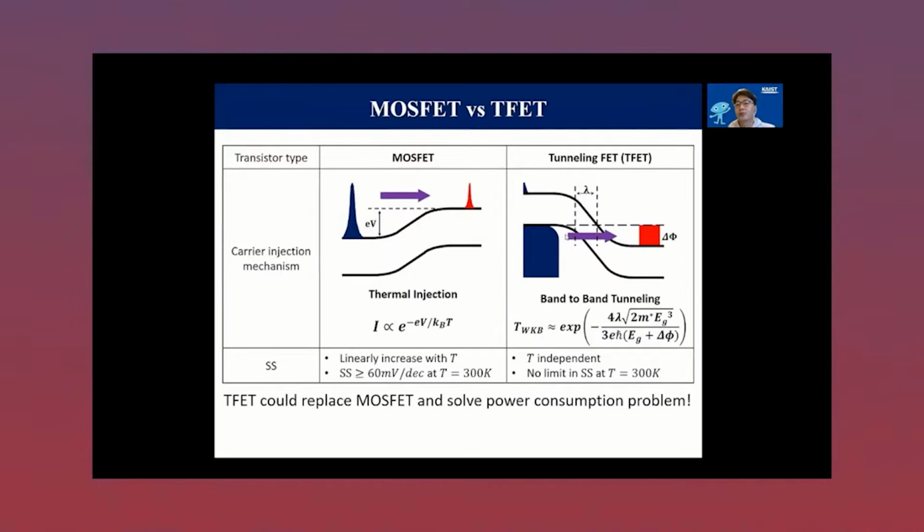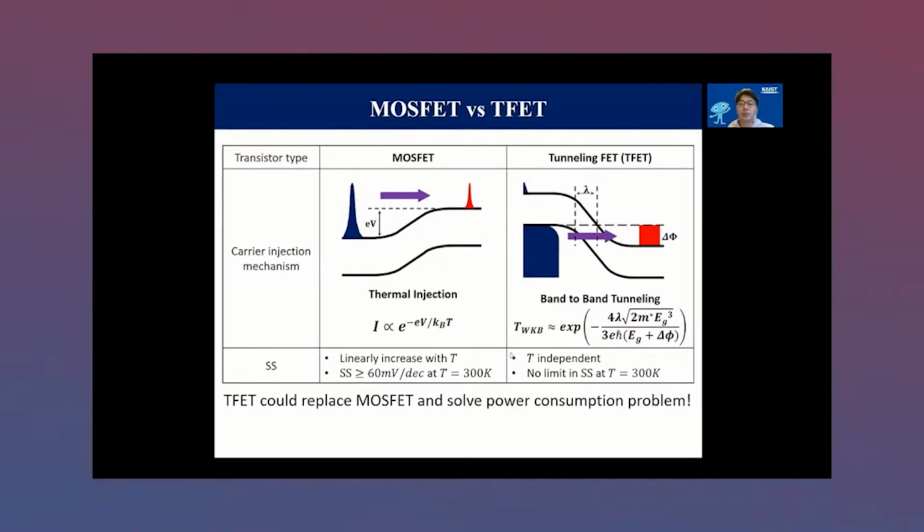Electrons can tunnel through this tunneling barrier. That's band-to-band tunneling, and it has nothing to do with the thermal tail. So it's cold carrier injection. Even at room temperature, cold electrons tunnel through this tunnel barrier.